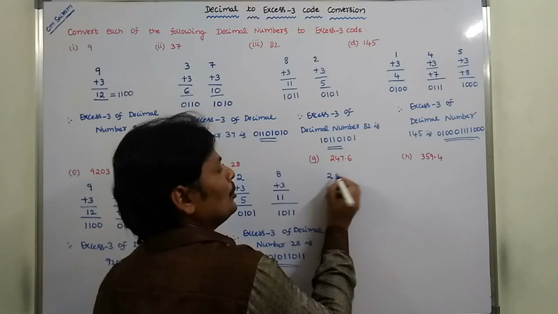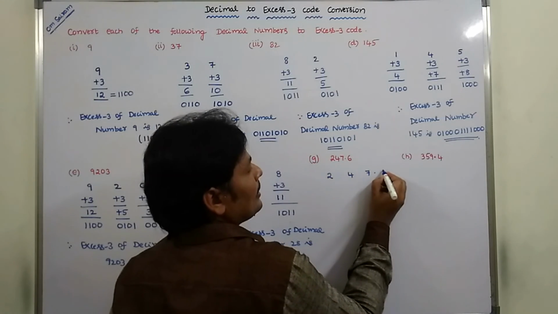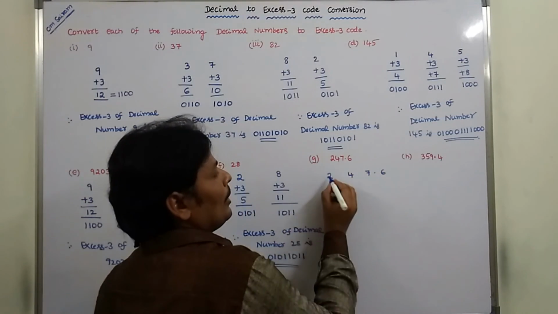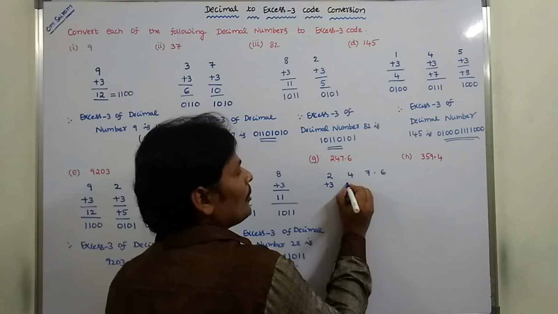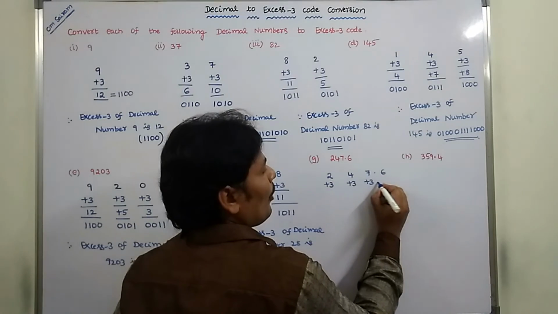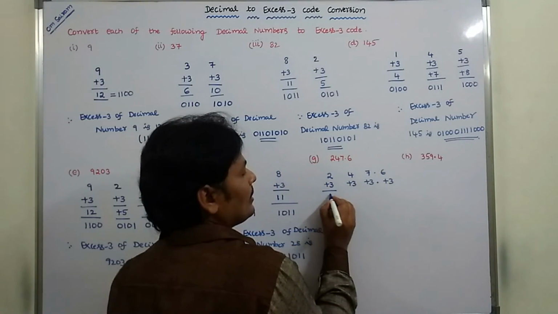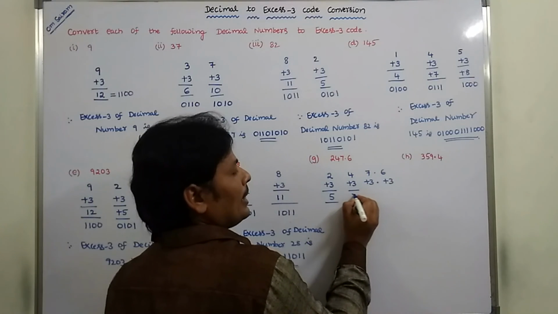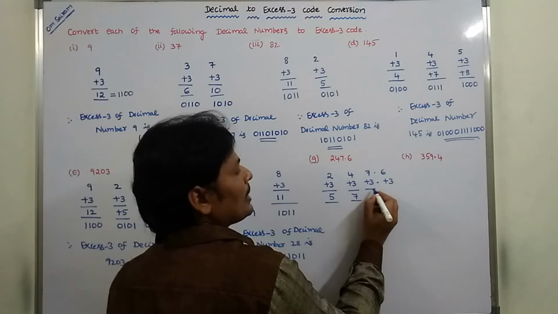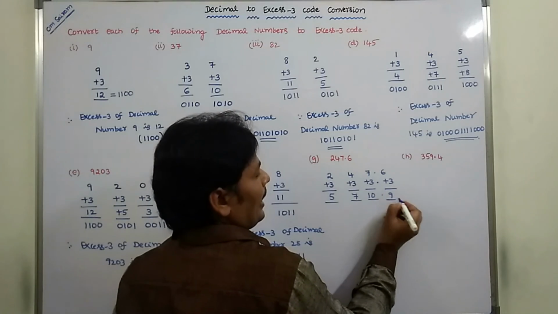So here 247.6, we have to add plus 3 to each digit. So 2 plus 3, that is 5. 4 plus 3, that is 7. 7 plus 3, that is 10. 6 plus 3, that is 9.